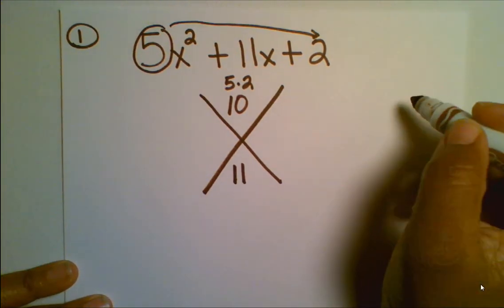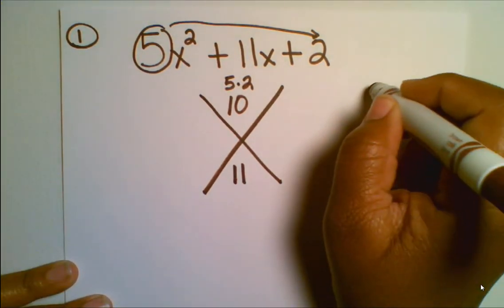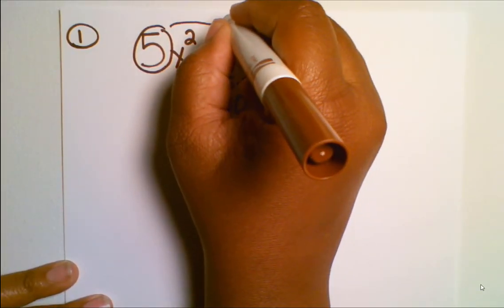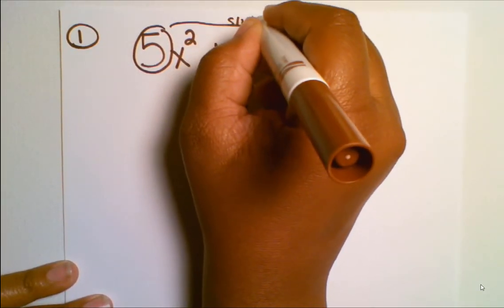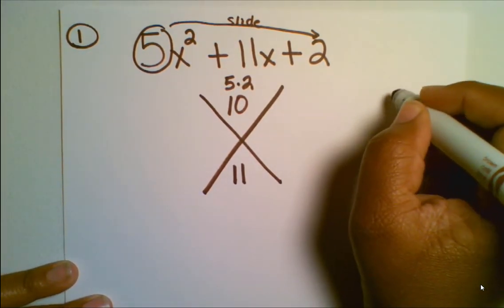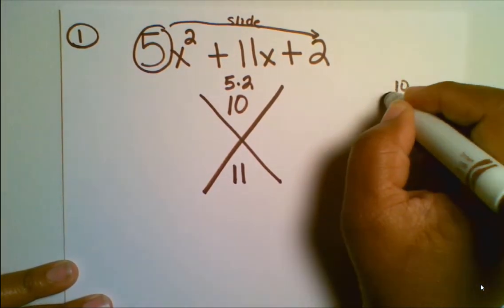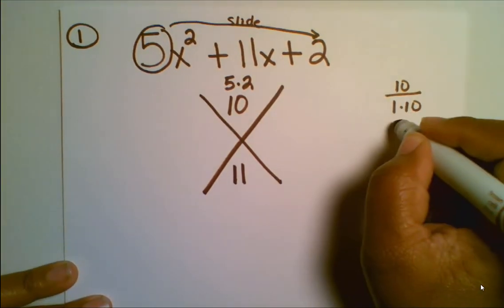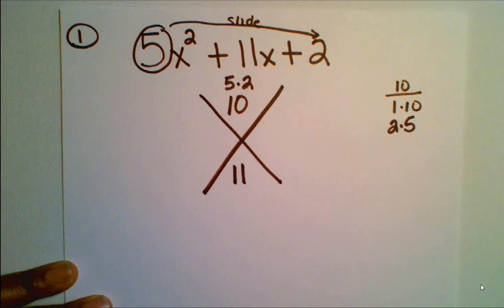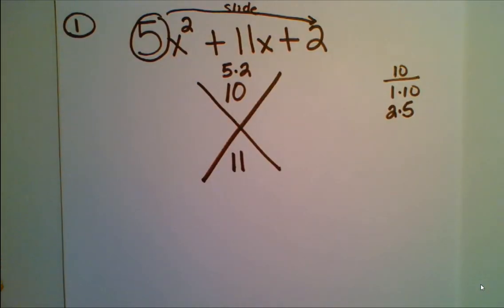So let's think about factors of 10. So that's your slide. Let me just write this down. This is your slide. Okay, so let's fill in the x part here. Factors of 10: 1 and 10, 2 and 5. Which set of factors will work here? It will be 1 and 10.